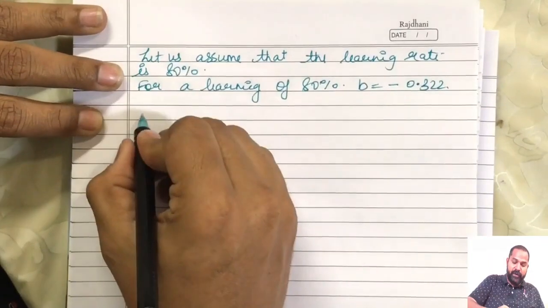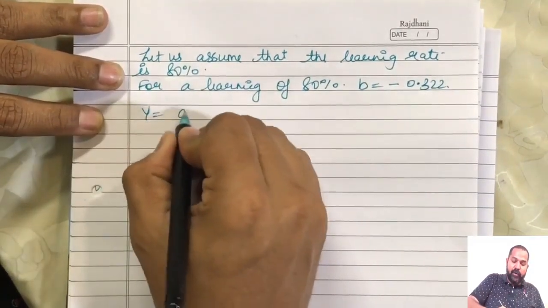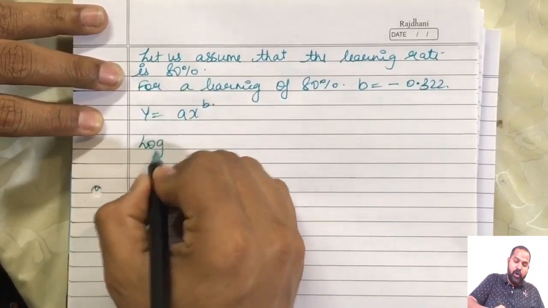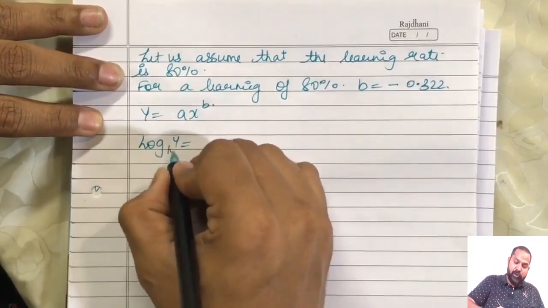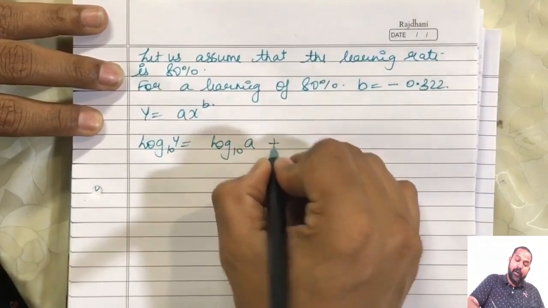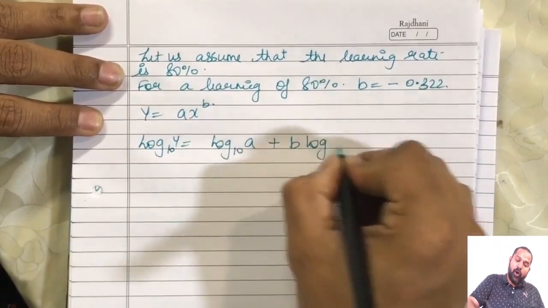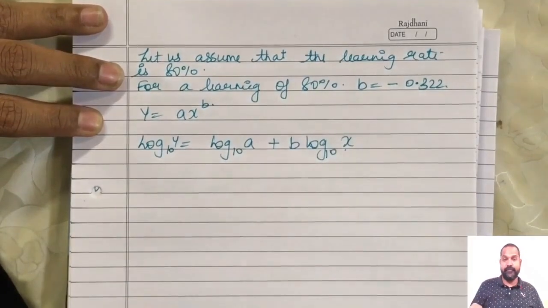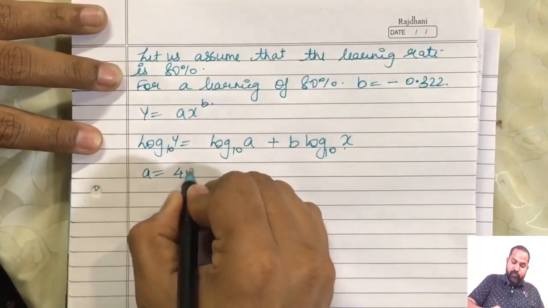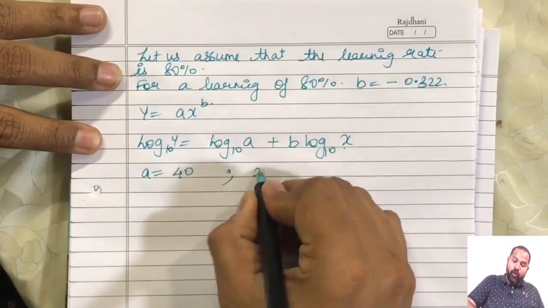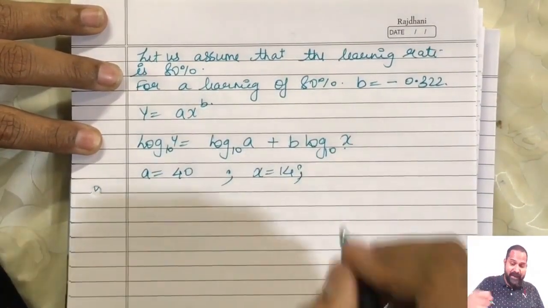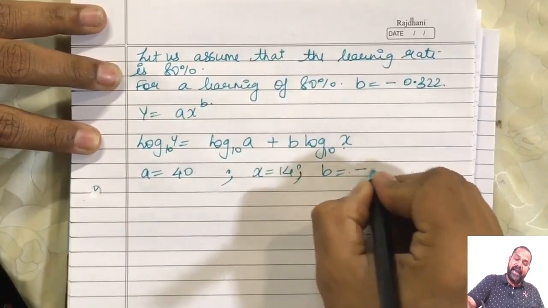So y is equal to a x raised to b, written in log terms, is log y to the base 10 is log a to the base 10 plus b log of x to the base 10. Now see, I know that a is 40. I know that I am making 14 units and I am assuming that my learning rate is 80%.